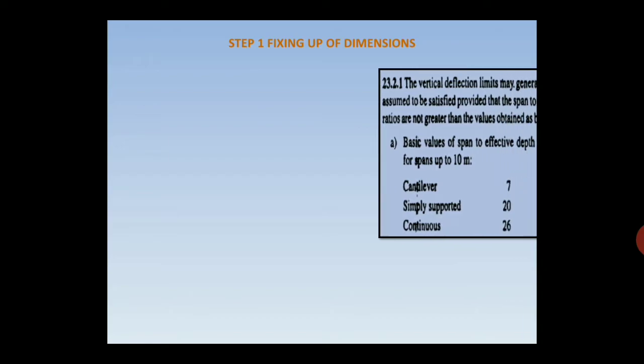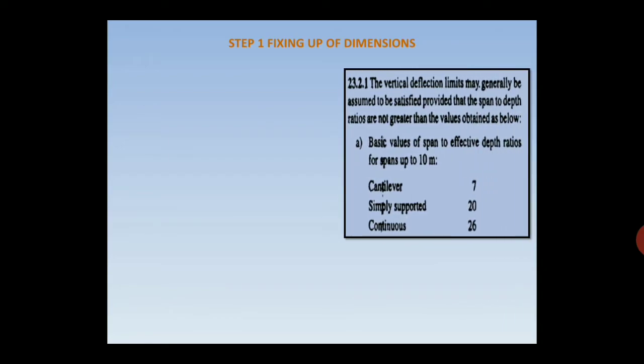So the next step is fixing up of dimensions. Again, as you all know, the reference for fixing up of the depth is there in IS 456 clause number 23.2.1. From there, using the reference, page number 37, for simply supported slabs, Lx by D is equal to 20.